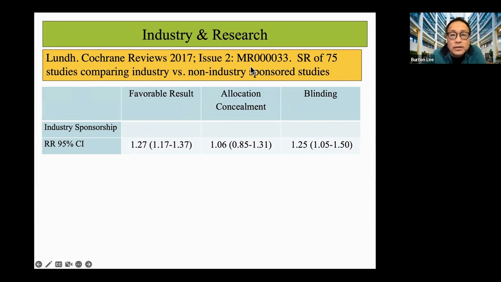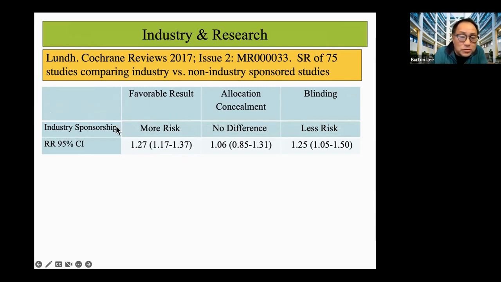So, for example, when they looked at systematic reviews of 75 comparisons between industry versus non-industry sponsored studies, industry sponsorship meant that you are more likely to have a favorable result, but there was no difference in one of the quality measures, which is allocation concealment. So it was not any worse, and actually blinding was done better.